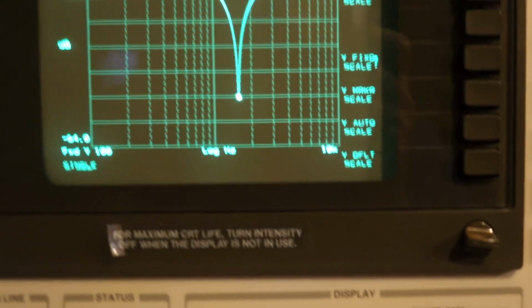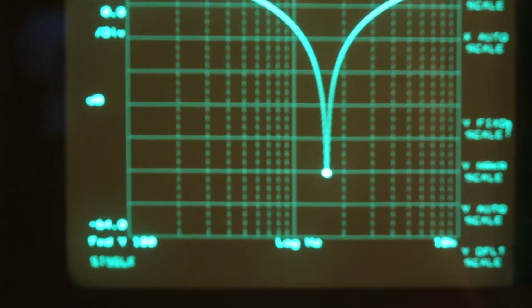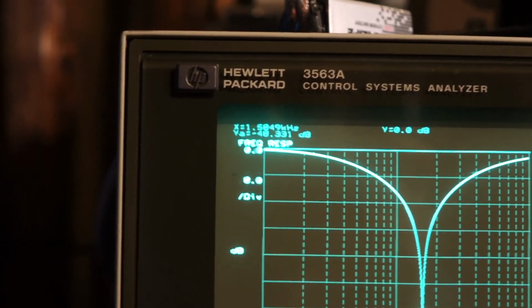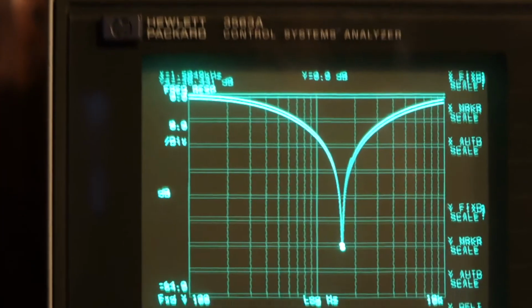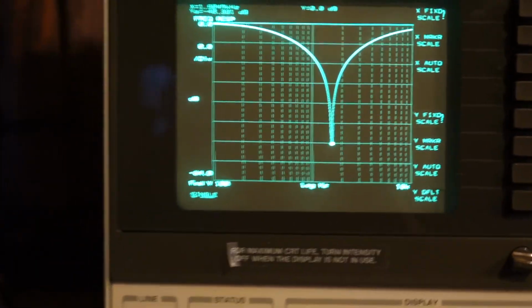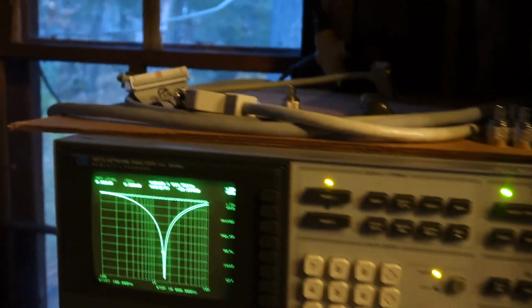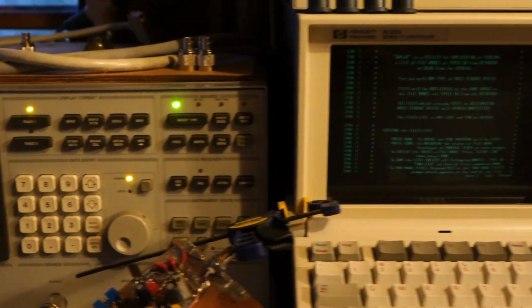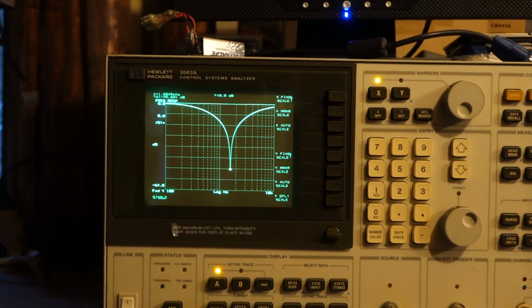You can see that the frequency of the notch, the marker there, is on the notch, and that's at 1.5849 kilohertz. But we'll be looking at this in depth, comparing both the theoretical to the actual measured network in the video that's coming up. So that's kind of a sneak preview of what I'm working on right now for one of the next videos.